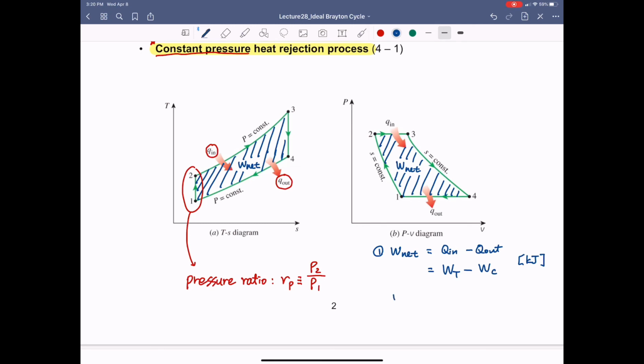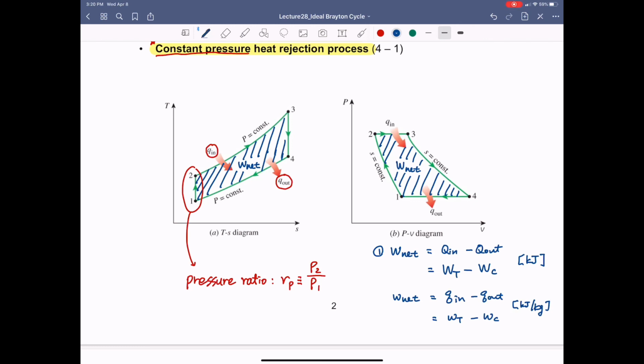Sometimes we use the net amount of work per unit mass, which also can be related with small q in minus small q out, heat input and heat output per unit mass, or turbine work minus compressor work per unit mass as well. Okay.